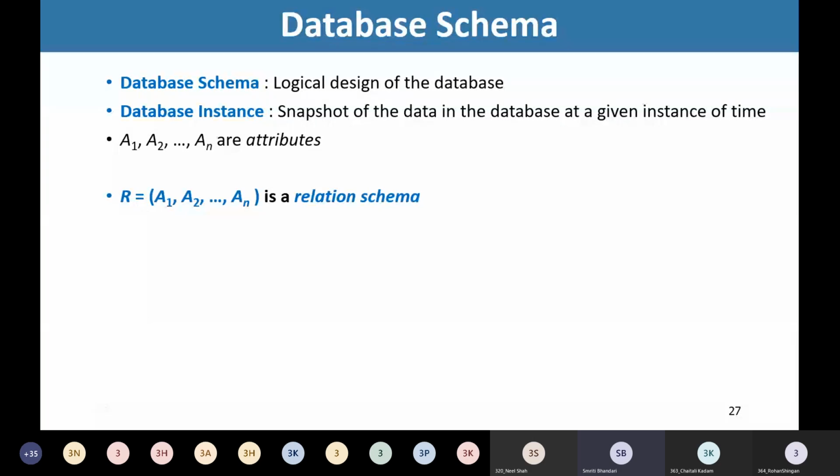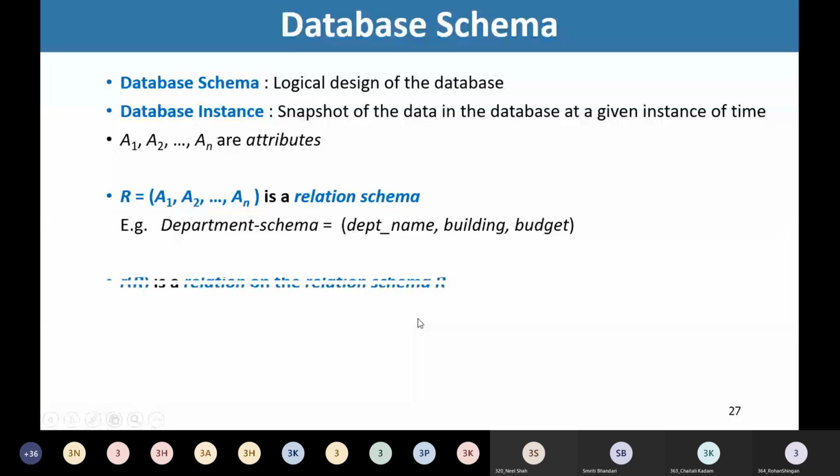And what is the relation then? A relation is denoted with this small r notation. A relation on relation schema R, we read this as a relation small r on the relation schema capital R. So capital R denotes the relation schema describing the attributes in that schema.